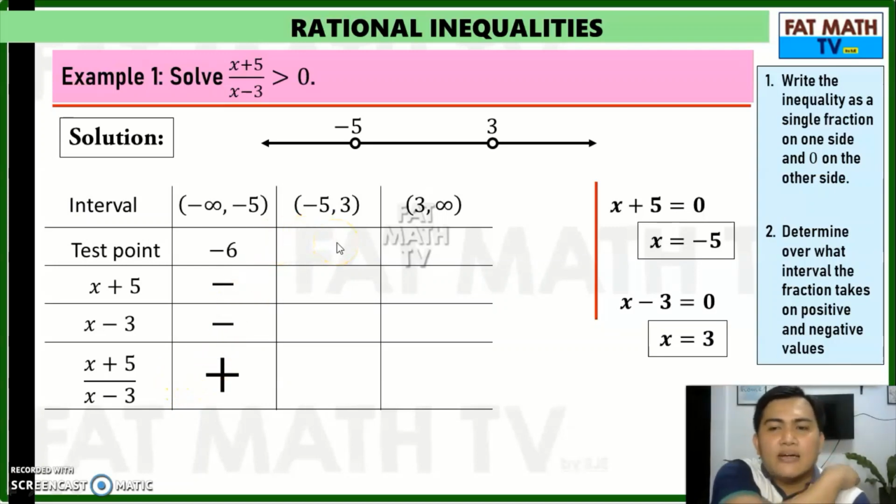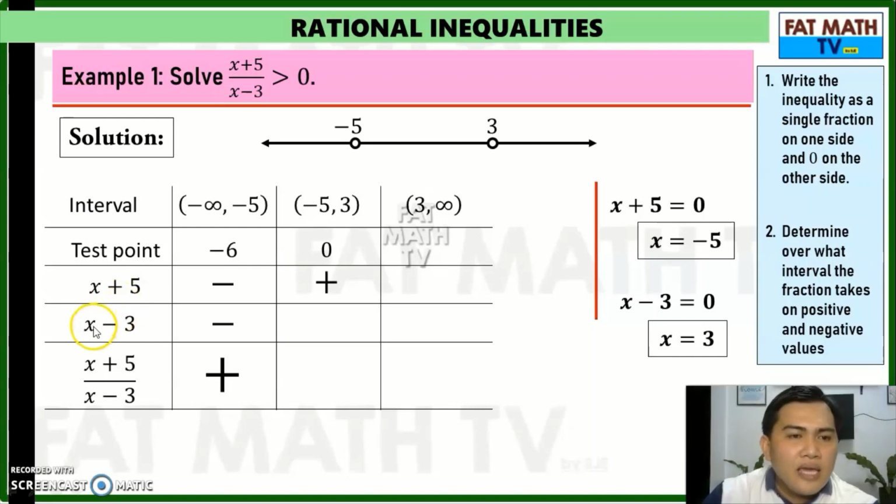Let's have the second interval, from -5 to 3 exclusive. We can use 0. If x is 0, x + 5 is 0 + 5 = 5, a positive. And 0 - 3 is -3, a negative.